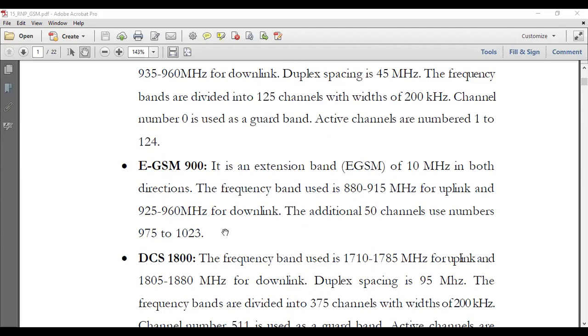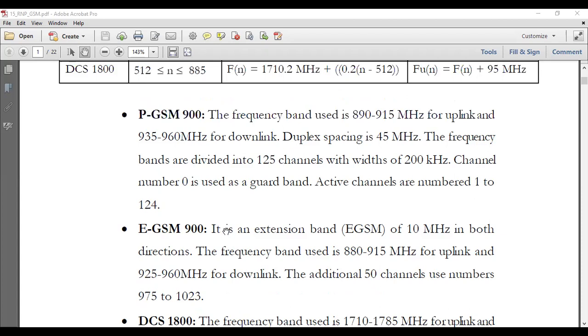Now, okay, we are talking about 2G days now. I mean these concepts also apply to other technologies. Now consider 2G days. A 2G phone used to support some of these bands. Four bands were popular. Many bands were actually specified for 2G operation, but globally, these four bands became more popular.